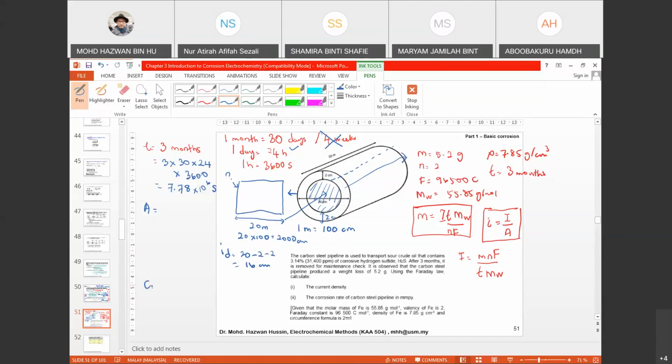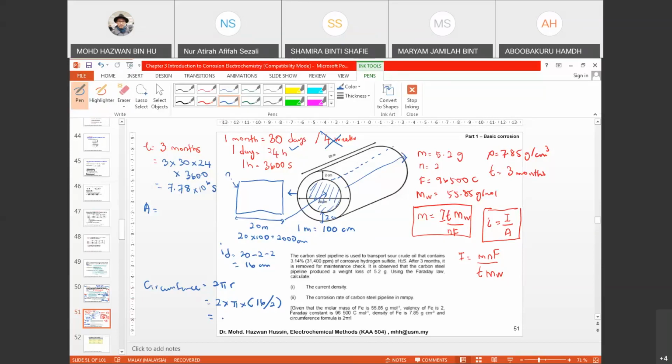So circumference is equal to 2 pi r. So 2 multiplied by pi multiplied by r. What is r? Not 16, it is 16 divided by 2, because this is the diameter and r is the radius. So r is 8. 8 times 2 gets 16 again. 16 pi.